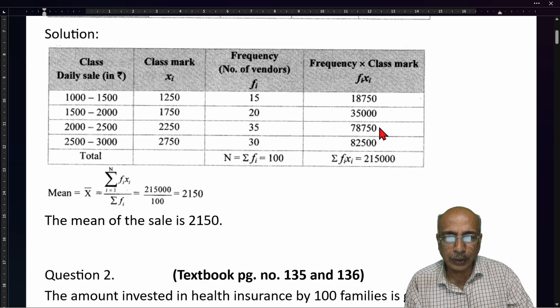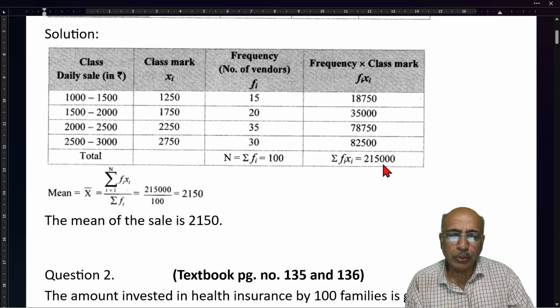And you can do like this: 0 is 0 here, 5 plus 5, 10, 0, carry 1, 8 and 7, 15, and 20, 0, carry 2, 2 plus 8, 10, plus 5, 15, 15 plus 8, 23, plus 2, 25, 5 here, 2 carry, 2 plus 1, 3, 3 plus 3, 6, 6 plus 7, 13, 13 plus 8, 21. So 215,000.